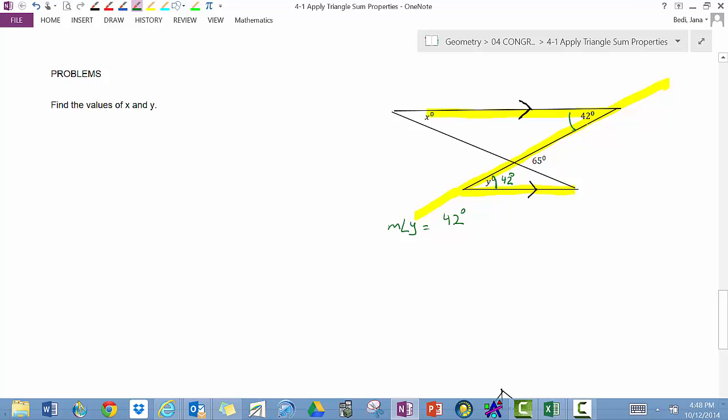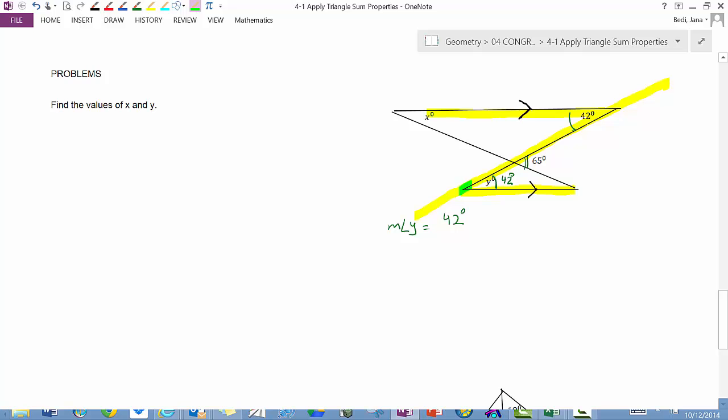Now, look at this angle marked 65. It is the exterior angle for this triangle. Let me mark that.